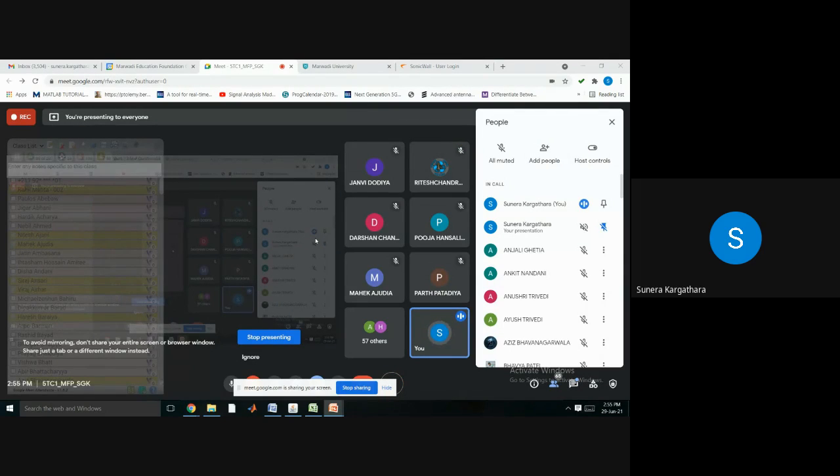To answer your question, suppose you are considering 8-bit data. Ritesh, what is the maximum number that you can represent through 8 bits?